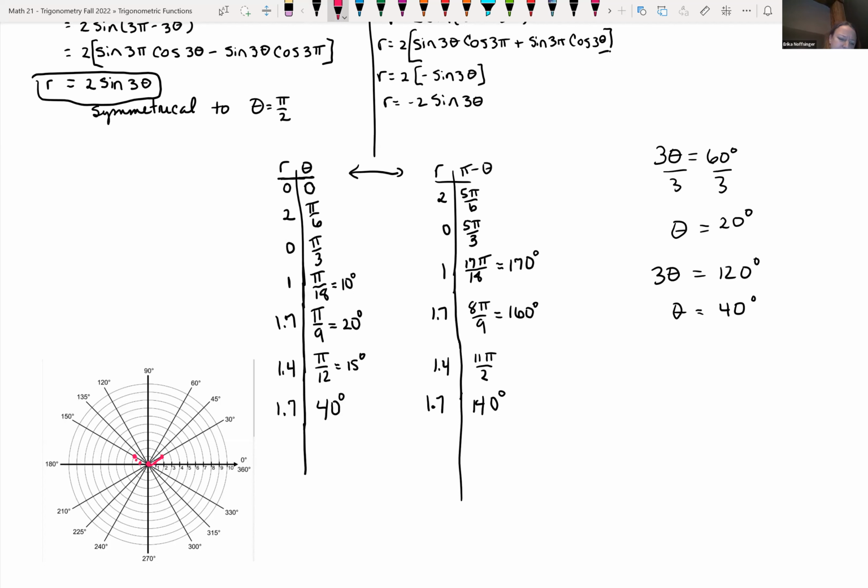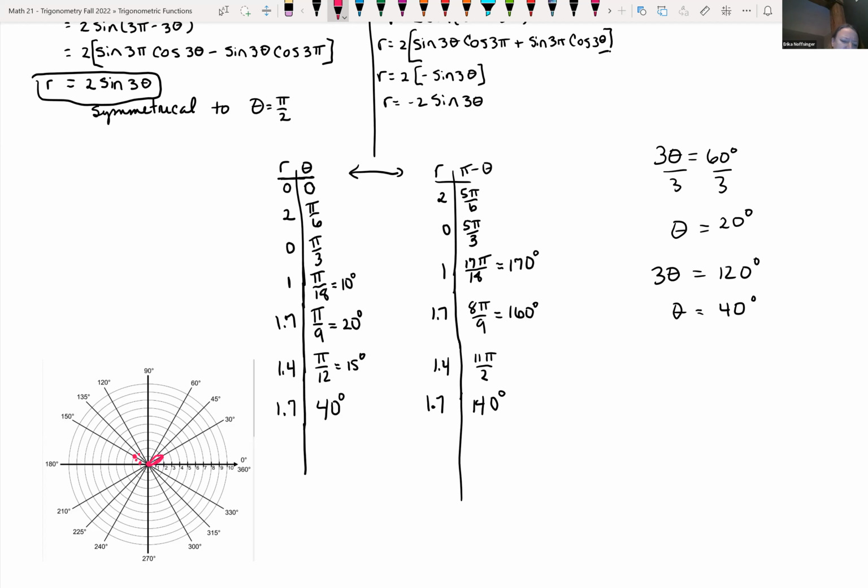So at 40 degrees we get back to 1.7, and at 140 degrees we also have 1.7. So it ends up looking like this.